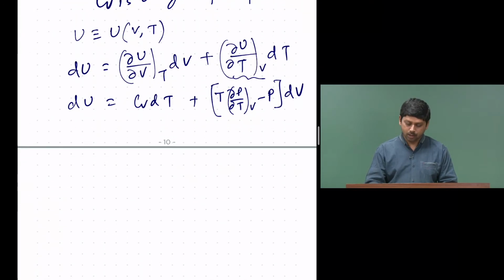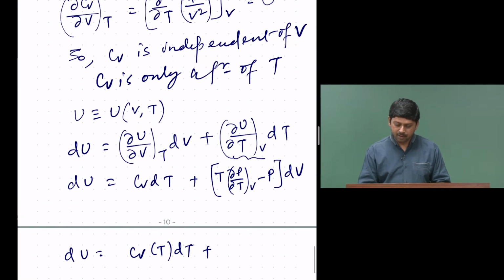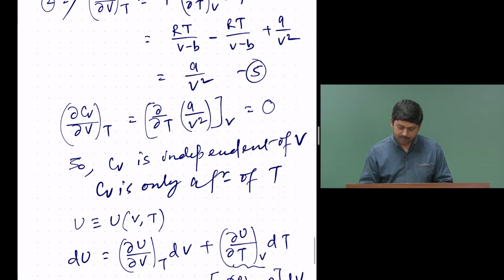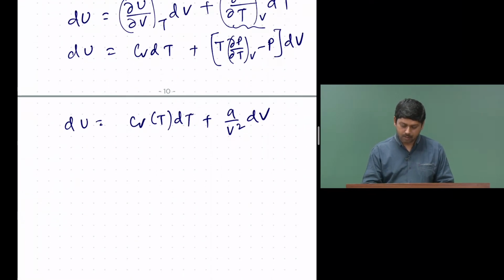So, we got that. Now dU: C V depends on temperature, so we should write C V dT plus this quantity, T del P del T at constant V minus P, which is nothing but A by V square, dV. Now integrate on both sides.